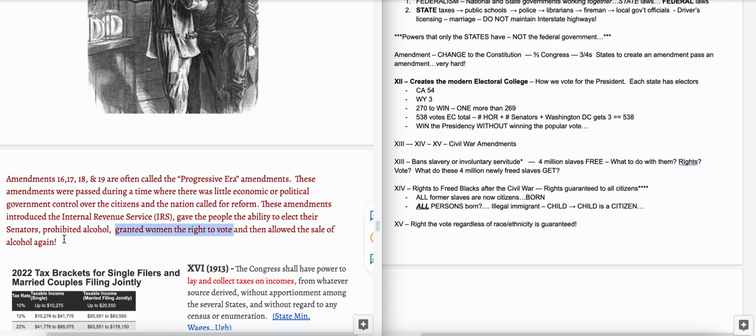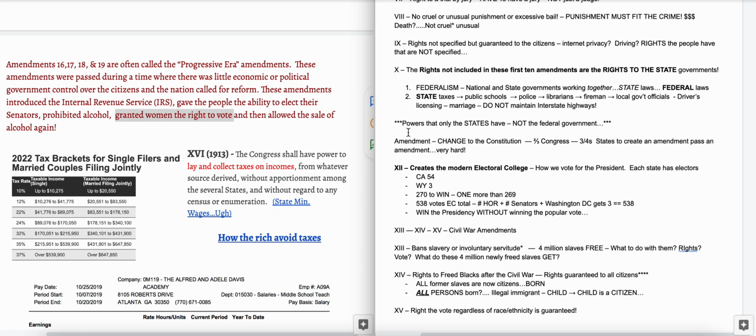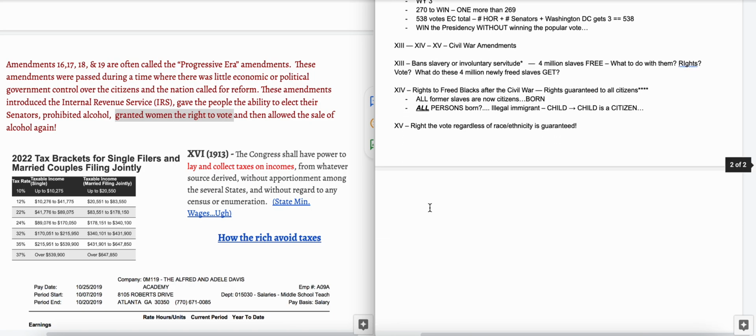And then brought back the sale of alcohol again. So let's take a look at some of these amendments. And again, I hope you're getting all these things in your notes. That'd be really important. So we're going to look at the Progressive Era Amendments, which is the time from 1900 to 1920-ish.